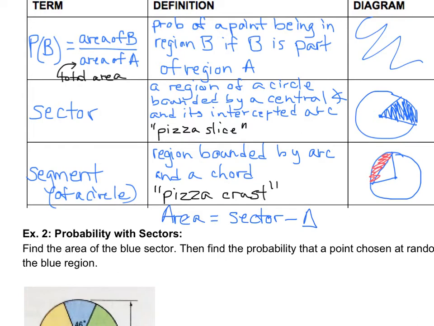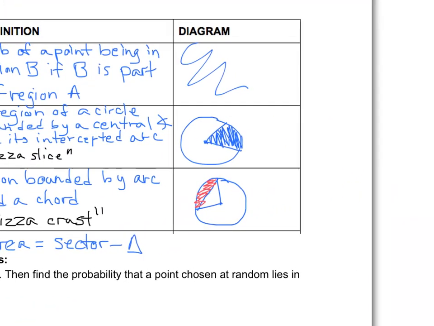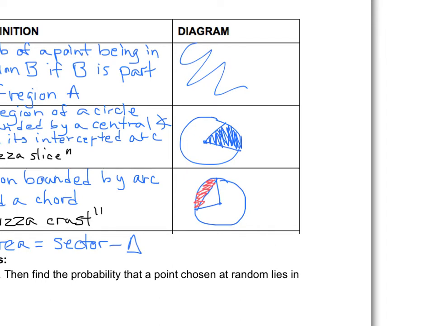The area of the sector, let's go up and put that by our diagram here, is going to be equal to whatever the angle measure is of that central angle divided by the total degrees of the circle, which is 360. And we're going to take that fraction of the total area of the circle, which you know is pi r squared. So it's just a ratio of the angle out of 360 times the area of the circle.